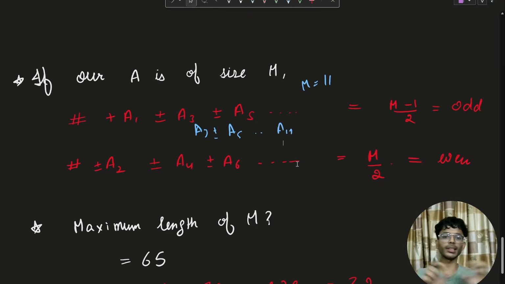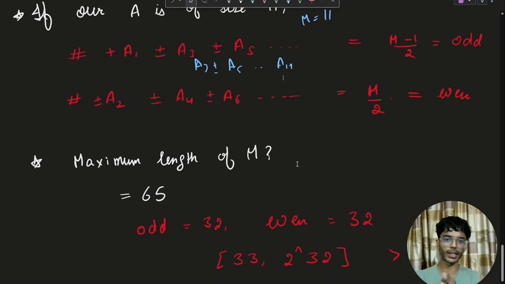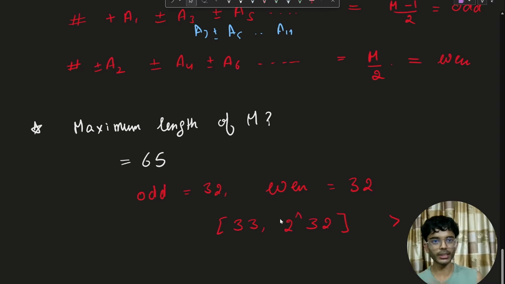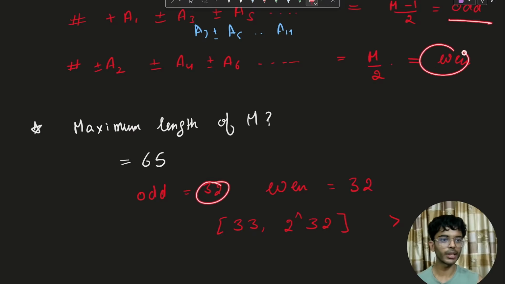Now, what is the maximum possible length of m that we can get? From the problem statement, it should make sense that the value of m cannot be extremely large. It turns out that 65 is the maximum value that we can get. Why? Because the number of odd elements in this case is 32, and even elements would also be 32, since 65 by 2 is 32 and 65 minus 1 by 2 is also 32.